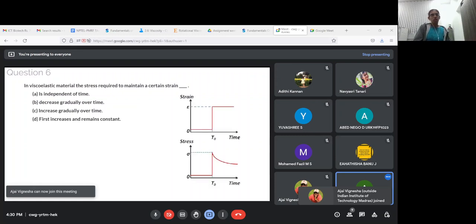In case of viscoelastic fluid, let's say you're applying a certain strain. You're making sure that the viscoelastic material undergoes a certain strain at, say, time t equal to 0. But in order for that material to maintain that amount of strain, you should be constantly giving some stress. But the amount of stress that you will be giving will gradually decrease over time, and in fact this decrease is in an exponential manner.